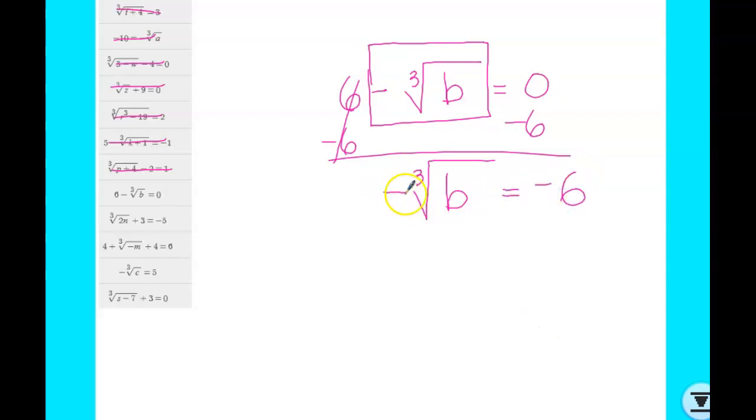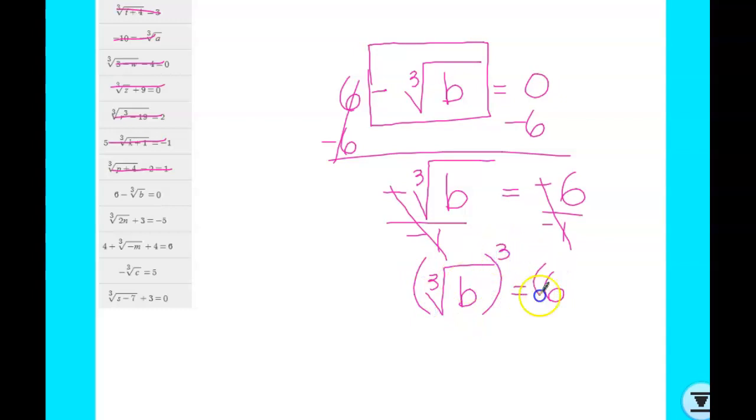And again, I don't want my radical to be negative, so I'm going to divide by negative 1. So we are left with the cube root of b is equal to 6. And again, we're going to cube both sides, and we get b is equal to 216.